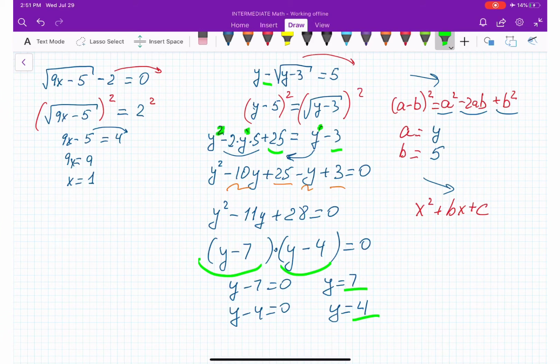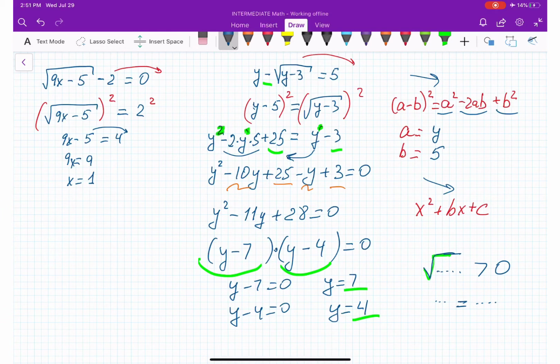So in one condition, whatever is under the square root has to be greater than 0 once you plug in. And for the second, the left side has to be equal to the right side. So we have to check both of them.